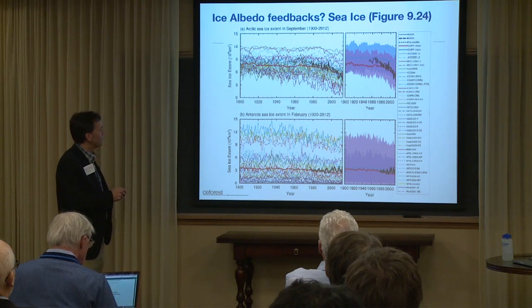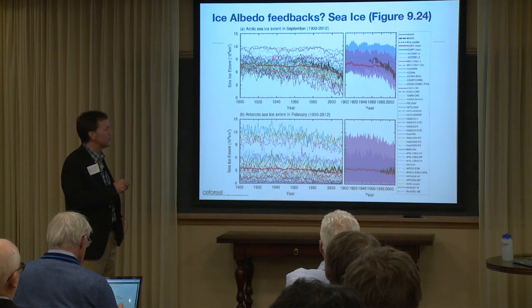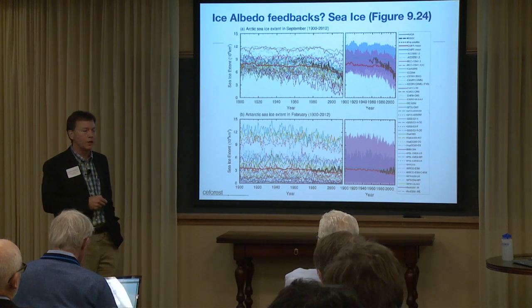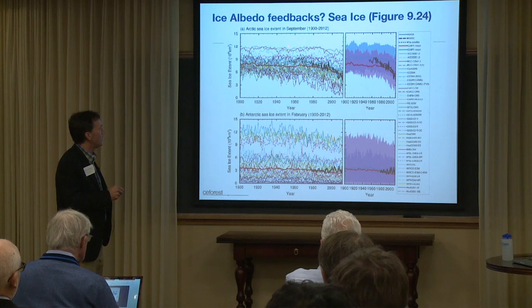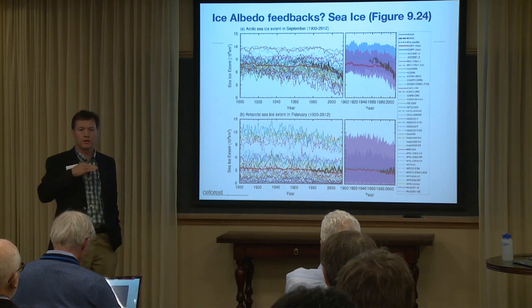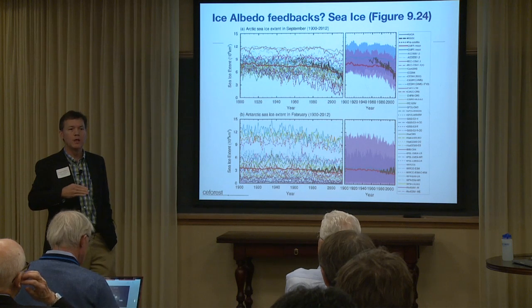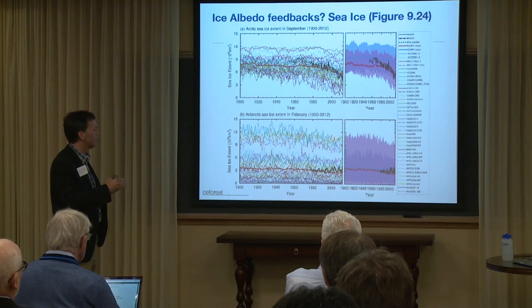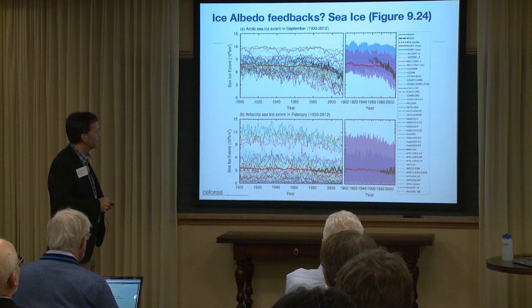A few things are obvious here. One is the range of sea ice extents for the basic state, before we even get into the rapid climate change of the last half of the century, is actually quite large. That means that the baseline from which you're starting your doubled CO2 experiment is going to be affected by what that initial value is for the Earth's albedo.